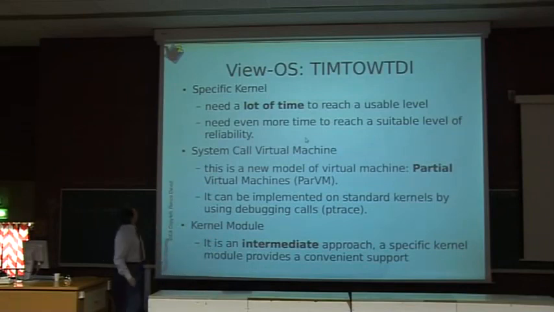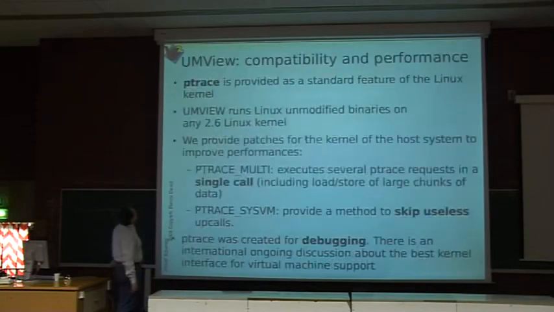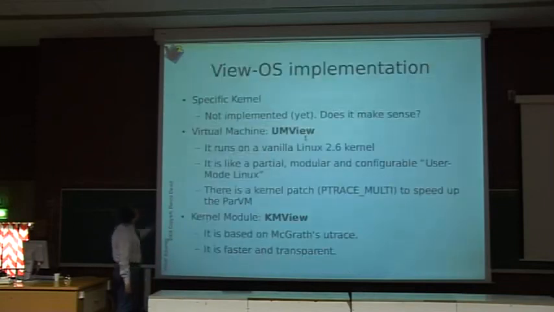And we now even have a prototype of a kernel module based on utrace. So we have View-OS, which runs on a vanilla 2.6 kernel. You don't need to patch the kernel either. But if you want, there is a patch to increase performance, but it's not necessary.